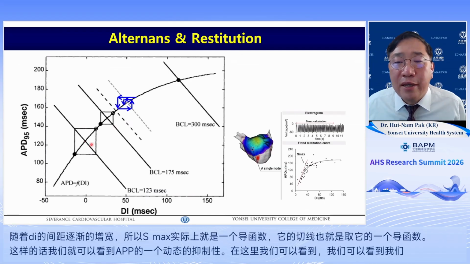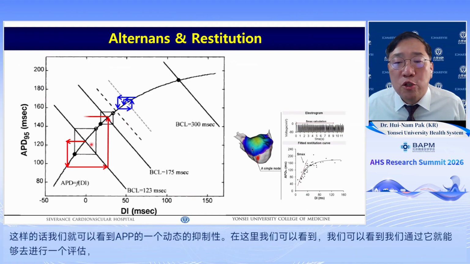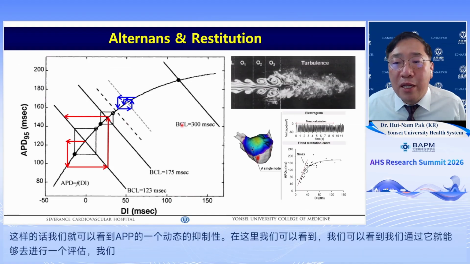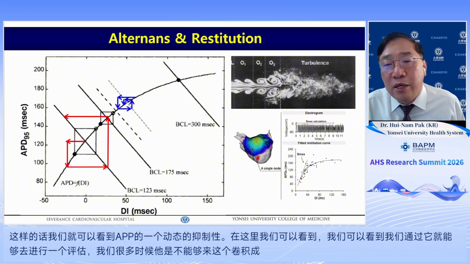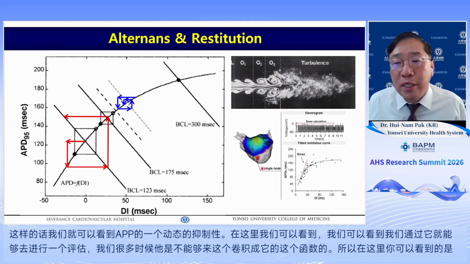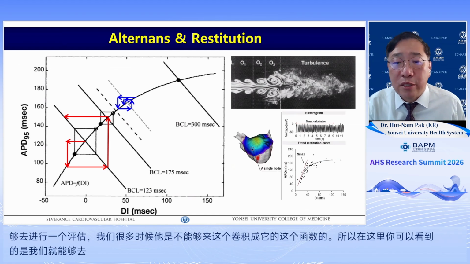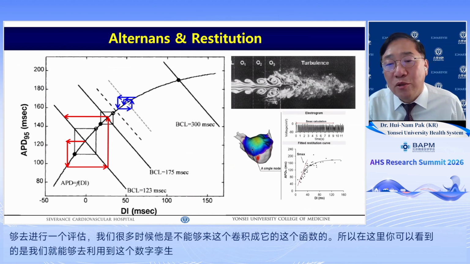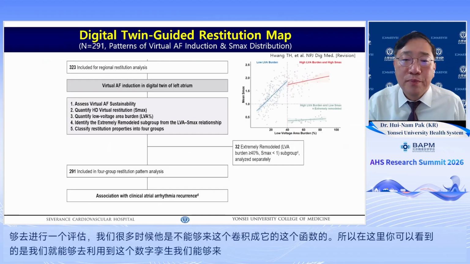However, at a higher Smax condition, a short coupled APC cannot converge to the restitution curve and eventually induces the breakup of wavelets into fibrillation. And restitution was originally a single cell electrophysiology measured by glass microelectrode. However, by utilizing digital twin, you can generate a high density restitution map of 0.4 million nodes, cell by cell.